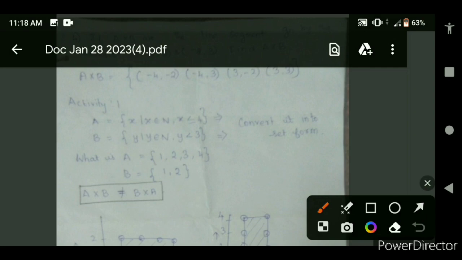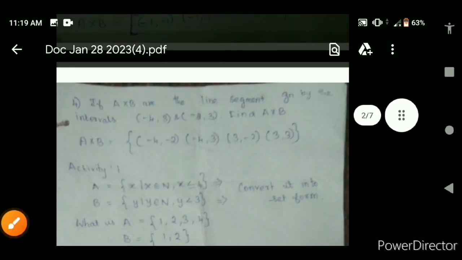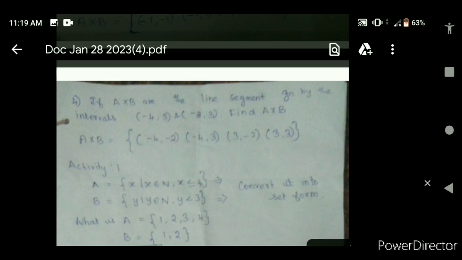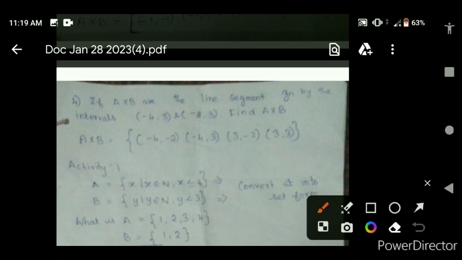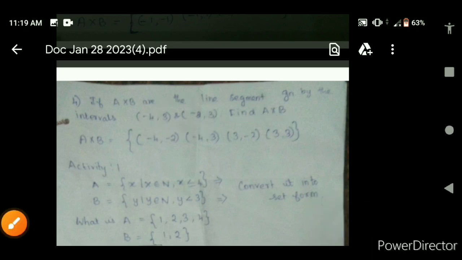If A cross B is given by the line segment of this interval, find A cross B. So we can easily find the pairs: -4 with -2, -4 with 3, 3 with -2, and 3 with 3.